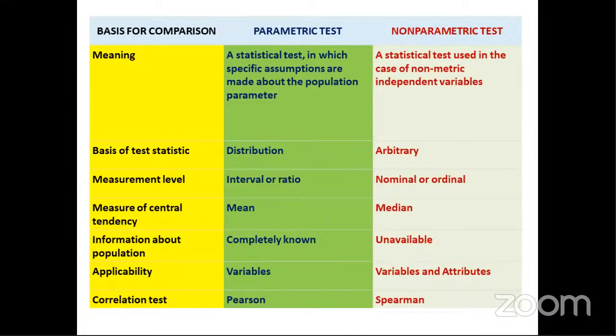And then we have the so-called applicability. So if you make use only of solid variables, variables that are measurable in terms of ratio and interval, then it is parametric.